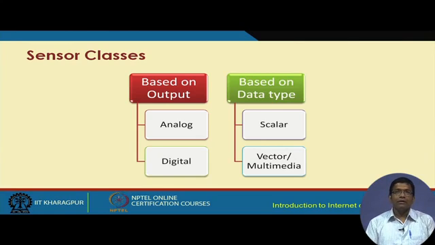On the contrary, we have the vector sensor, for example, the camera sensor or the accelerometer sensor, whose values are dependent on the orientation, the direction in which the sensor is put and the way it is measuring. So, we have analog sensors, digital sensors, scalar sensors, and vector sensors.